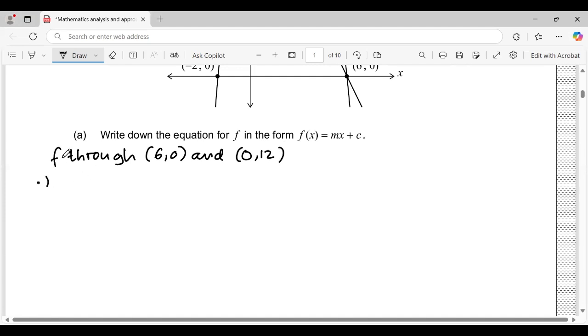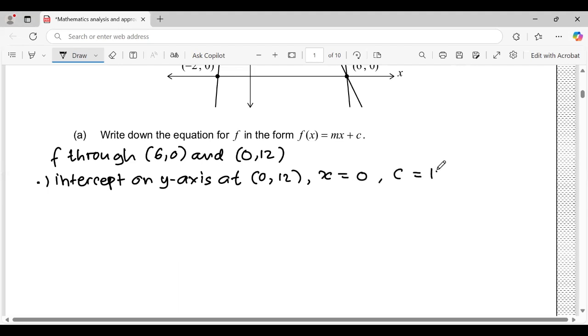So we can state that the intercept on the y-axis is at (0, 12). If the intercept is on the y-axis, it means x equals 0. If x equals 0, so c equals 12.